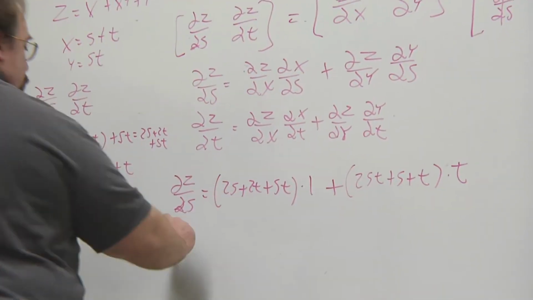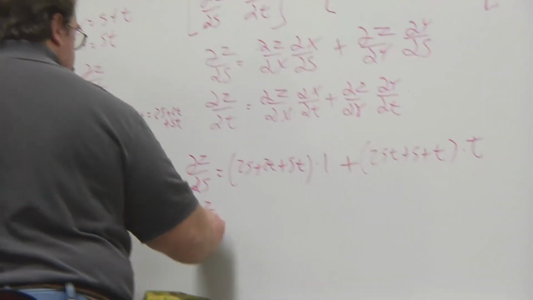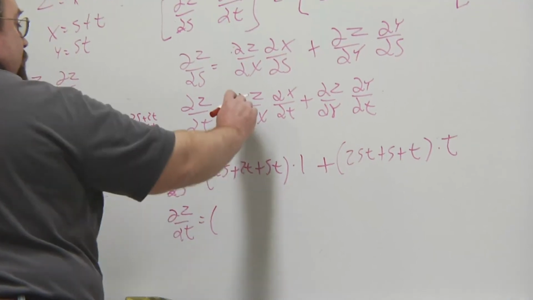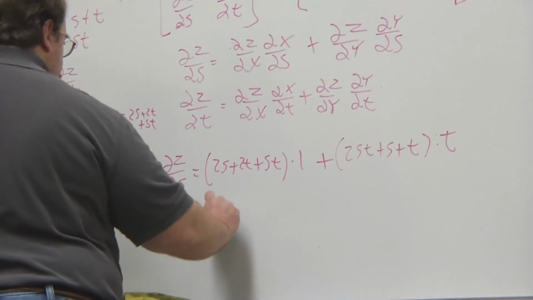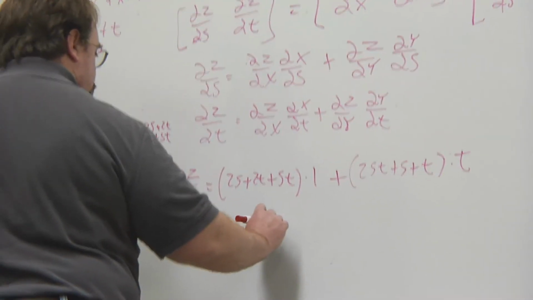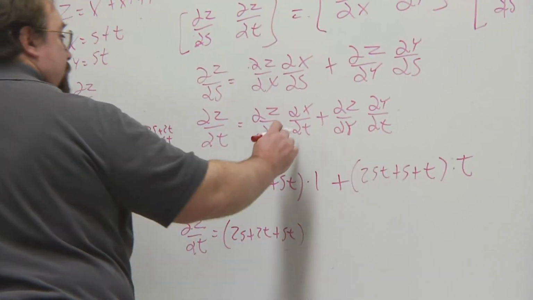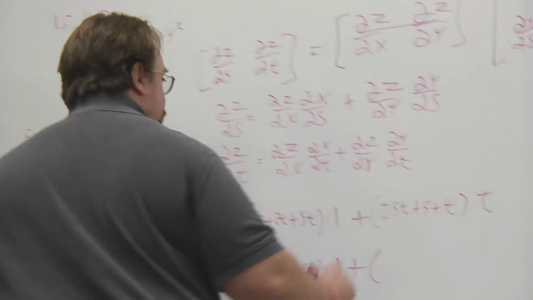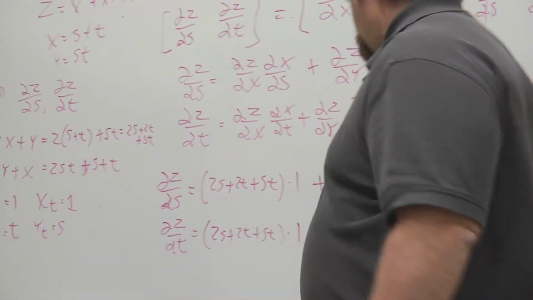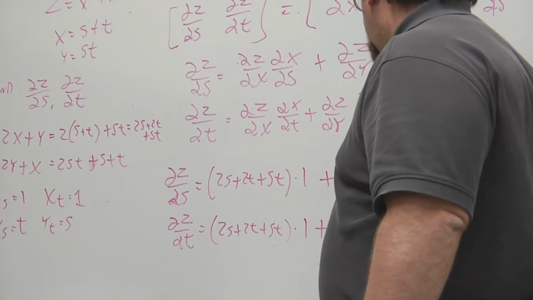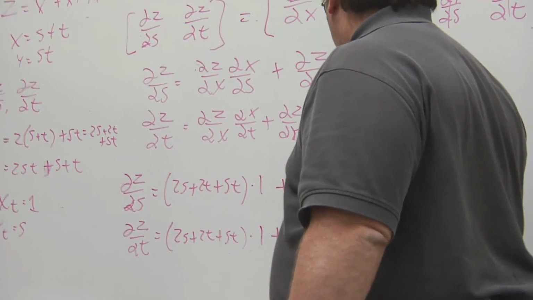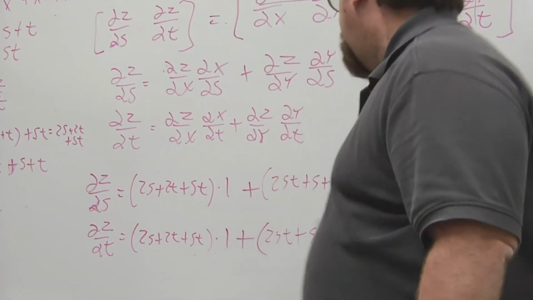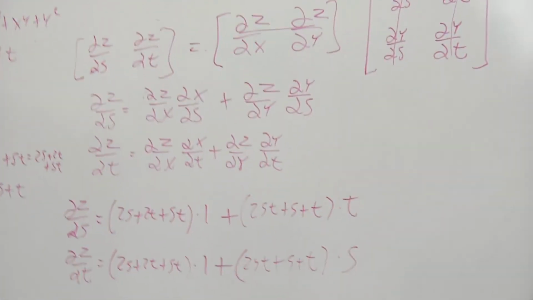So that's the end of that part. dz dt is zx times dx dt, which is 1, plus zy, 2st plus s plus t, times dy dt, which is s. And that's it.